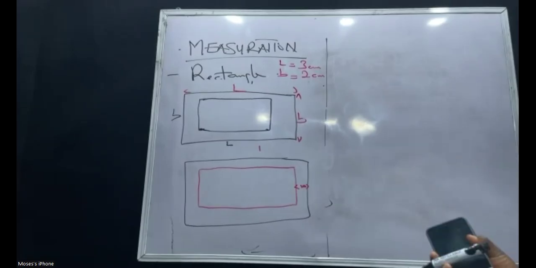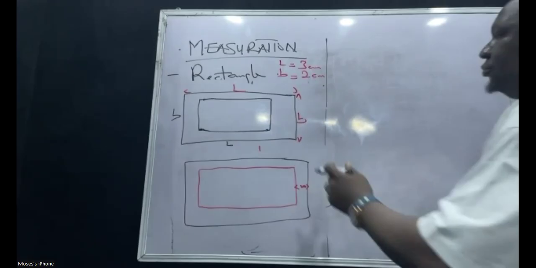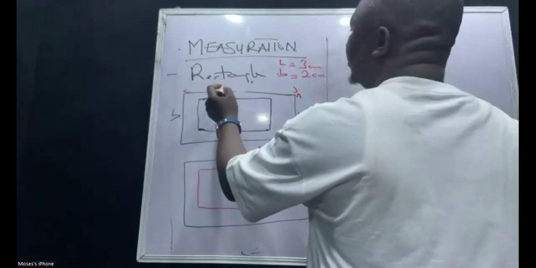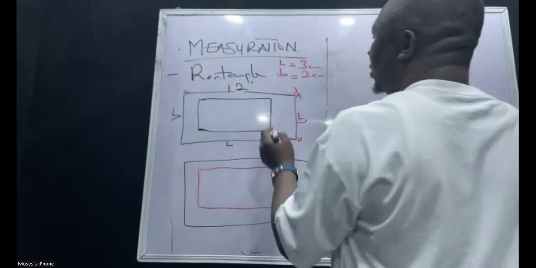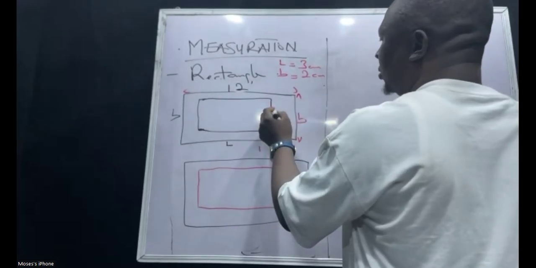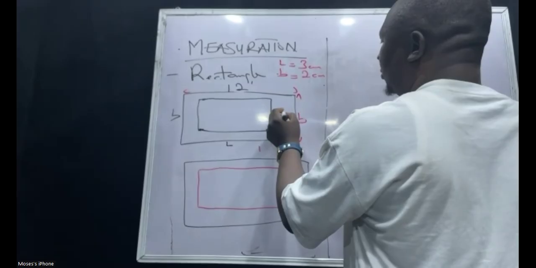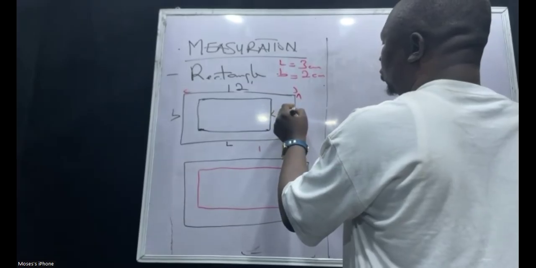A question like this is a bit technical. Now they will give you the length of the frame to be 12. They give you the width, which is maybe 2.